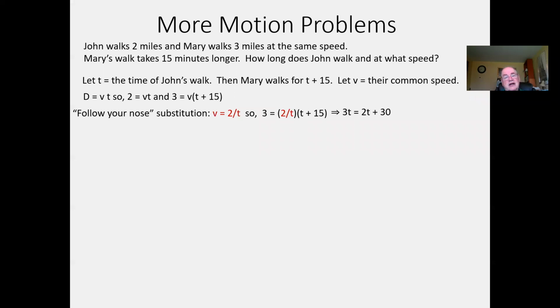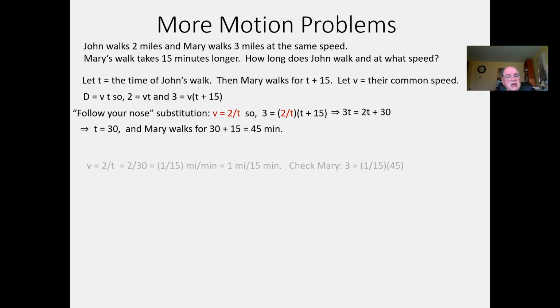I have a fractional expression there, 2 over t, and multiplied by the common denominator t, I get 3t on one side and 2 times t plus 15 on the other, which I just distributed right through. A simple equation to solve. I get t is equal to 30, and so Mary walks 15 minutes longer than that, 45 minutes.